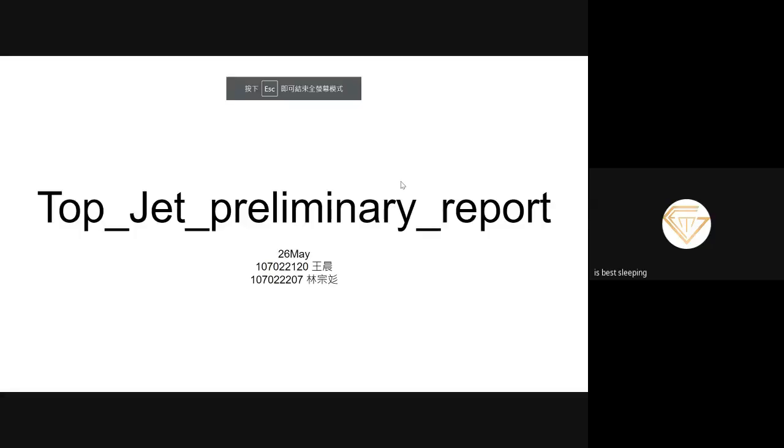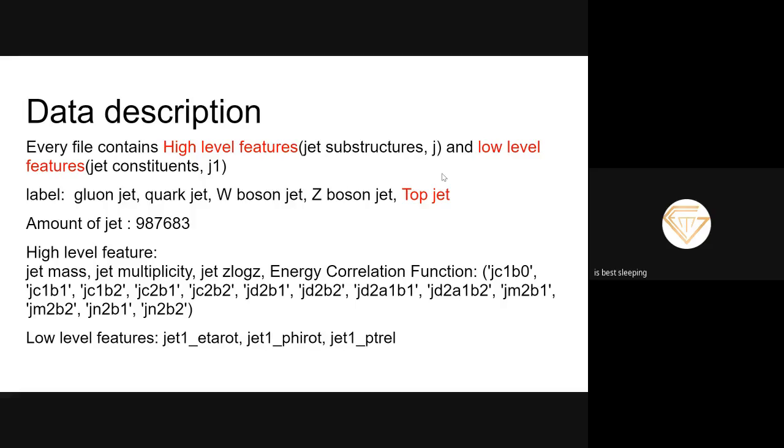My name is Lin Zhongwen, and our topic is top jets, and my teammate is Wang Chen. First we're talking about data description, the shape of the data.